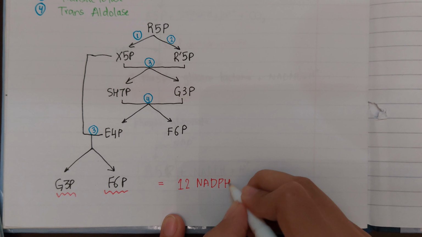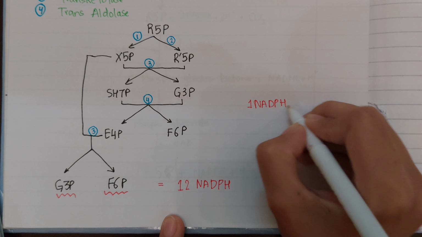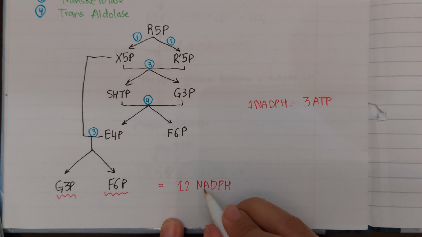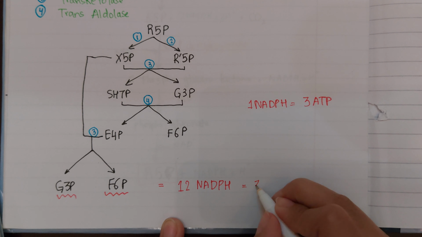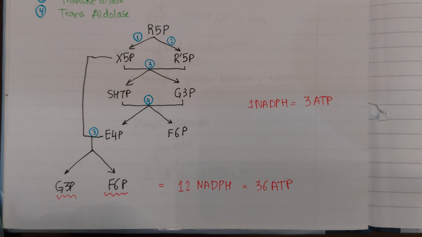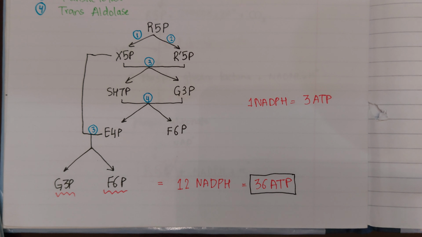Since 1 NADPH is equal to 3 ATPs, 12 would be equal to 36 ATPs. So this is how much energy both the oxidative and the non-oxidative phases produce together.